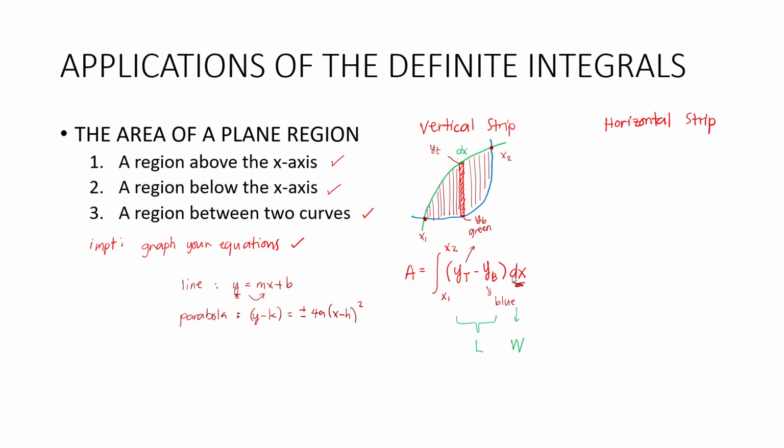So another way of solving this one is using the horizontal strip. And then the formula is, so again, if this one is your horizontal strip, this time it's like a reverse, because instead of your equations in terms of x, this time they are in terms of y.